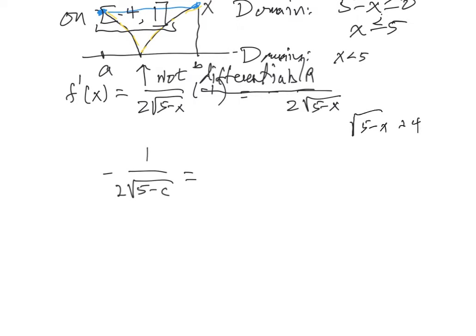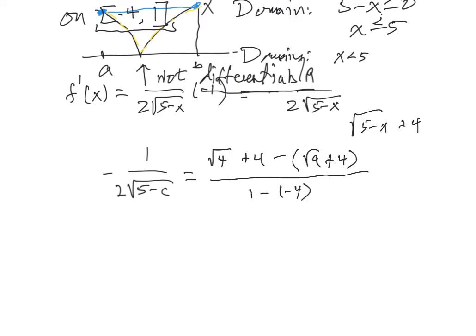When you plug a 1 in there, you get the square root of 4 plus 4, minus when you plug in a -4, you get the square root of 9 plus 4. And down below we get 1 minus -4.